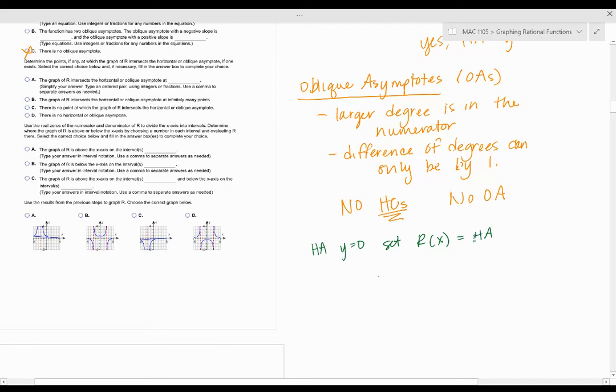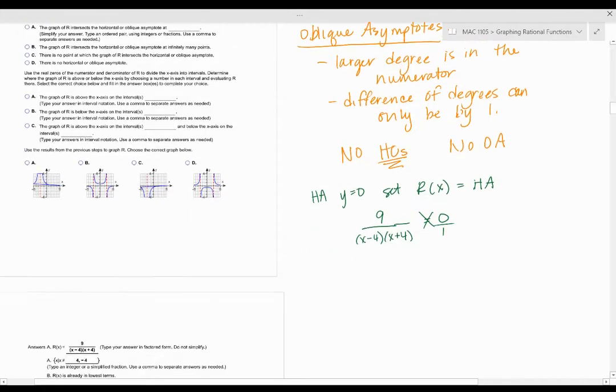So for us, our function was 9 over x squared minus 16. I'll write it in the factored form, x minus 4, x plus 4. We're going to set it equal to 0 because that's what our horizontal asymptote was, and we're going to solve that. So I can make a proportion and cross multiply. 9 equals 0. That's not true. That's a contradiction.